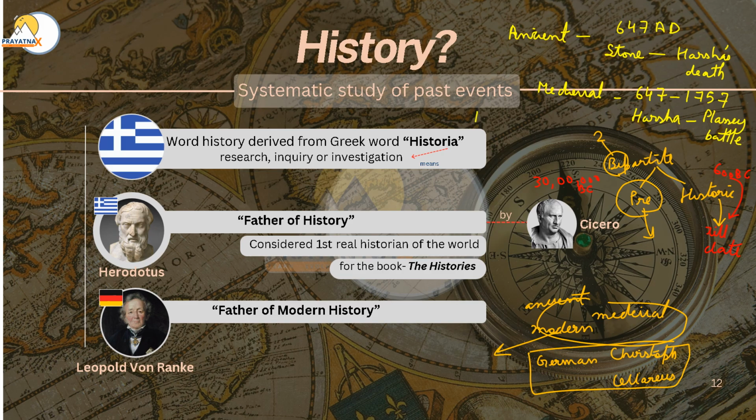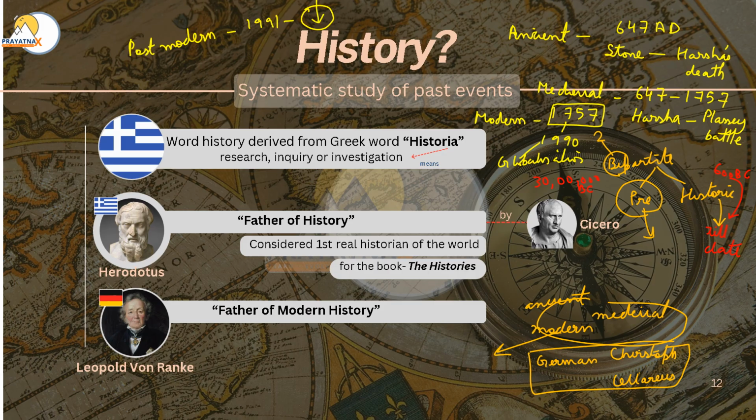As far as modern history is concerned, it involves a period of 1757 all the way to 1990, which is again from the Battle of Plassey to the advent of globalization. Another division which we can say is the post modern period, which is from 1991 to what we are here at present, till date.